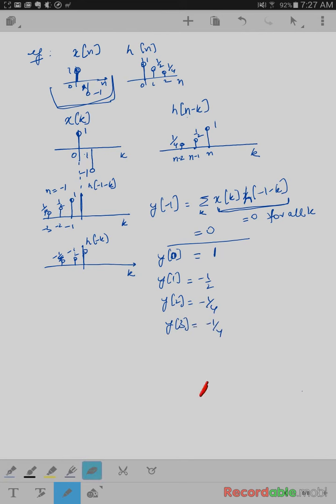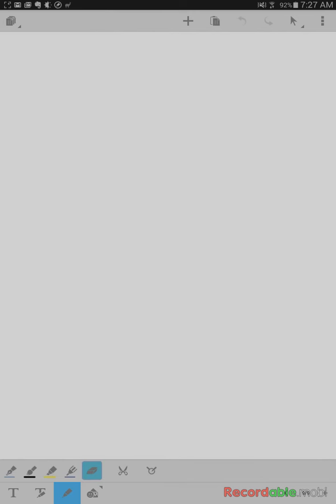So the same answers as before. Now the interesting part really shows up when you start doing convolution integrals using this technique, because it gives you a lot more intuition into what values are non-zero and how to compute them. So let's take an example to understand that.